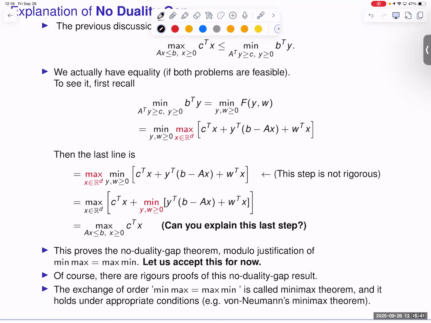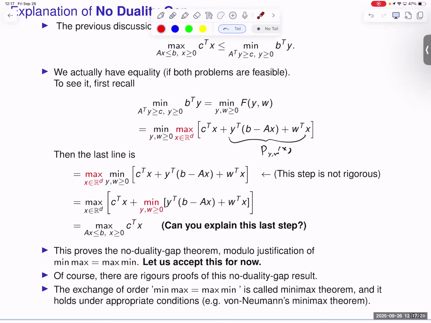This is the penalty function, our g(y, w, x, p). First you maximize over x, and then later you minimize over y and w. But in fact, you can change the order of this max and min. This is a very important theorem called the min-max theorem or minimax theorem.